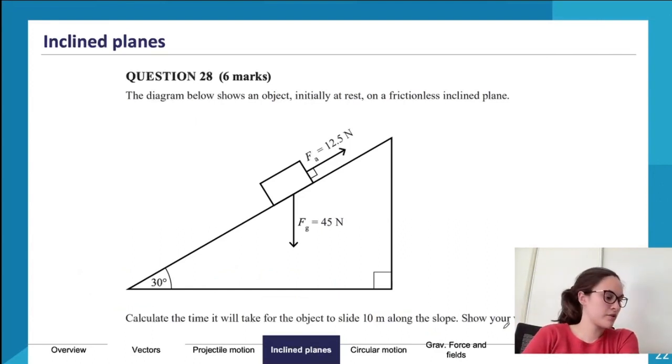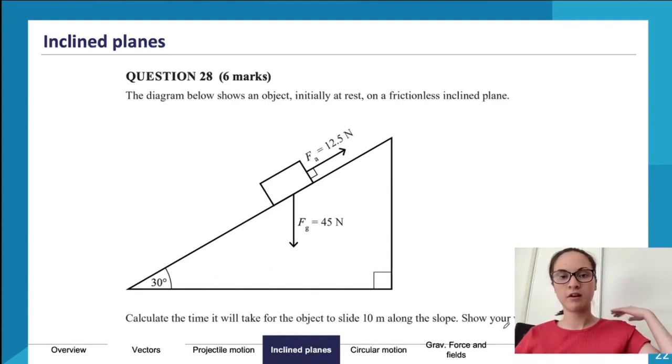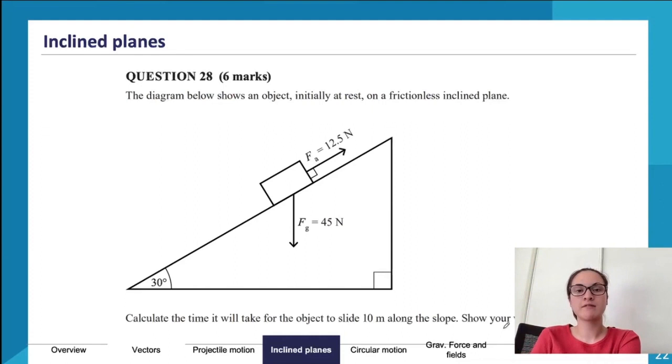Now we've got this question. It asks us, the diagram below shows an object initially at rest on a frictionless plane. Calculate the time it will take for the object to slide 10 meters along the slope, and show all working.